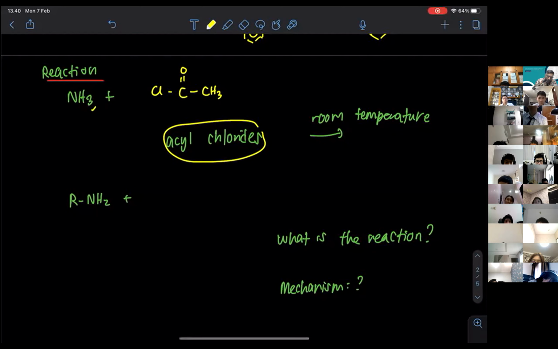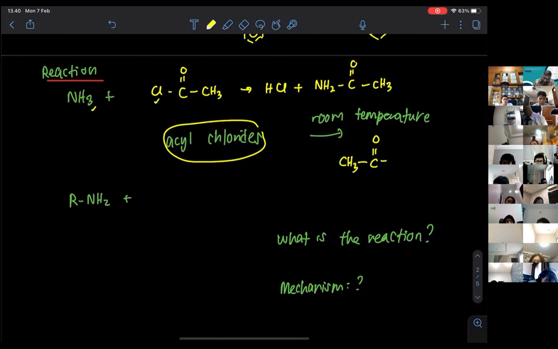One of the hydrogens here and the Cl will come out. So you have HCl plus, and NH2 will join with this. If I rewrite this, C double bond O, this is CH3, and then NH2.